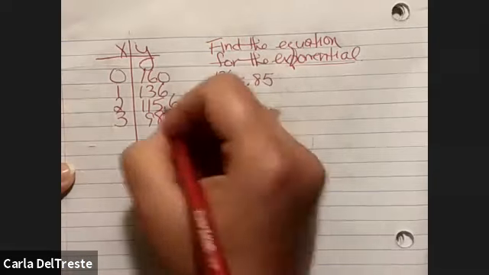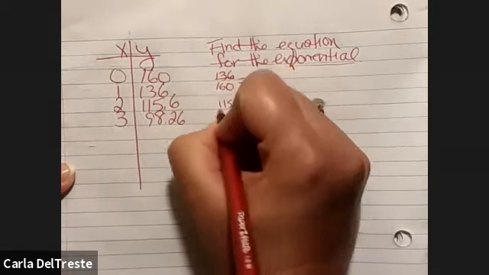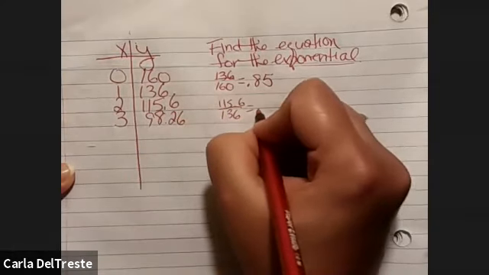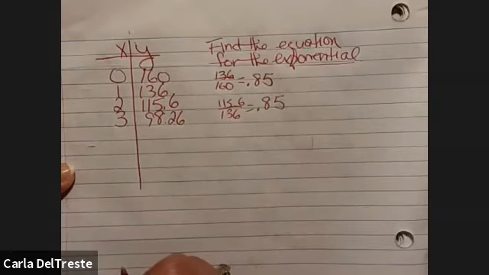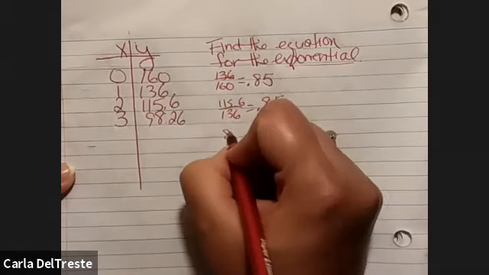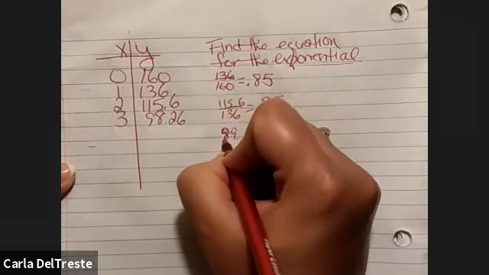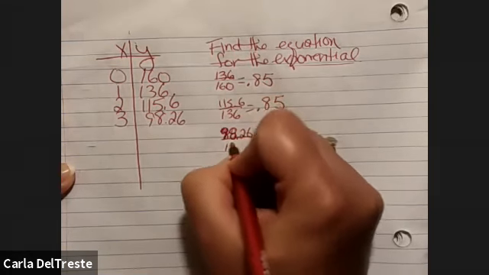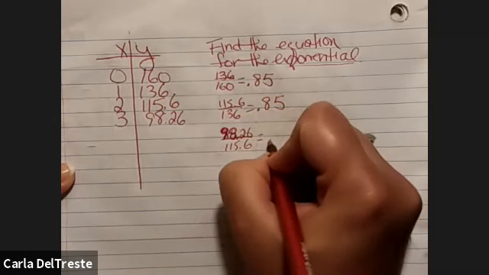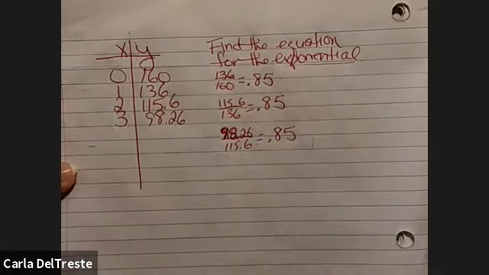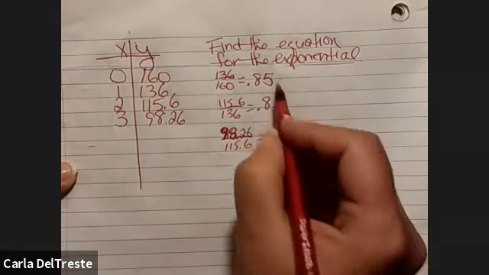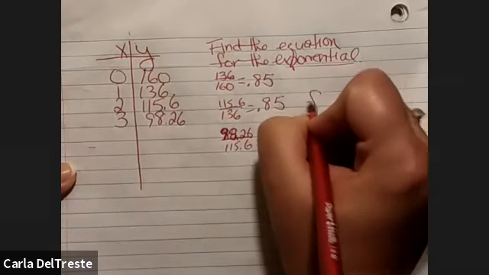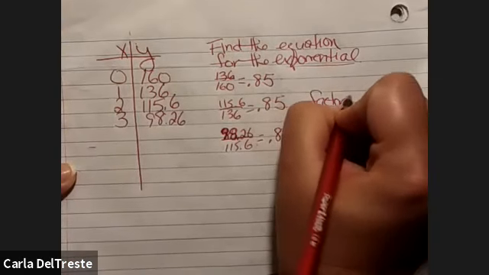I want to know what 115.6 divided by 136 is. Consecutive outputs. I still get 0.85. 98.26 divided by 115.6. Guess what? 0.85. Do I have a constant multiplier going through? Sure I do. So that's my factor.